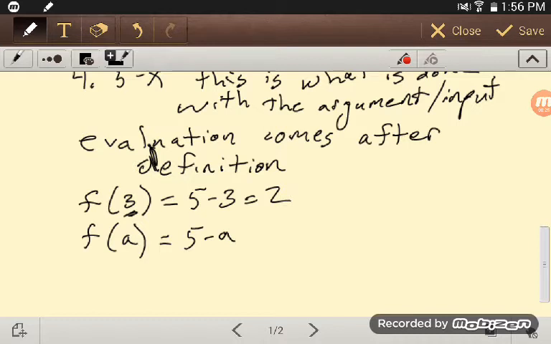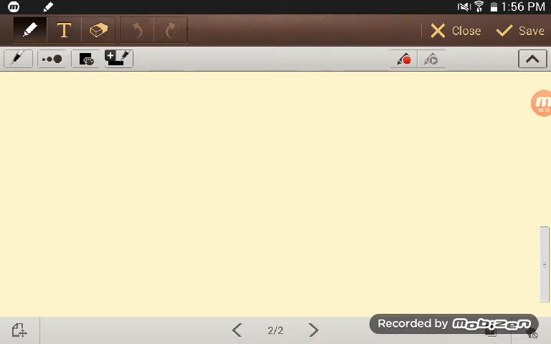It's 5 minus the argument, and my argument just happens to be this unknown a. Or I could do f of x plus h, 5 minus x plus h. Those are all evaluations, and this is the idea of function definition.